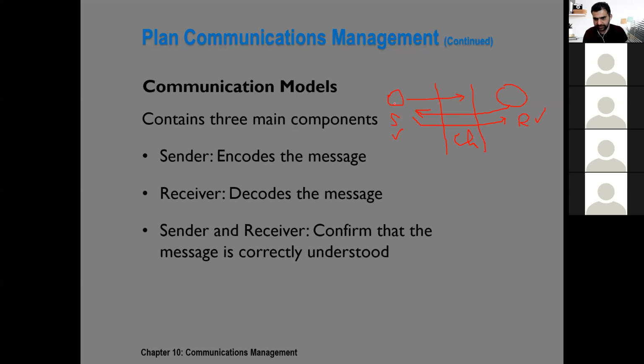So 3 steps: the sender sends the communication, the receiver confirms its receipt, and then the sender confirms that he got the receipt. Channel, very important. The channel should be clear, but it could be noisy. So we should have a good understanding that the channel of communication between the sender and receiver should be appropriate.